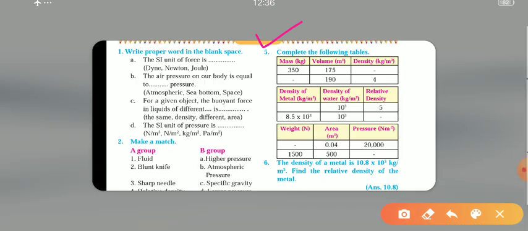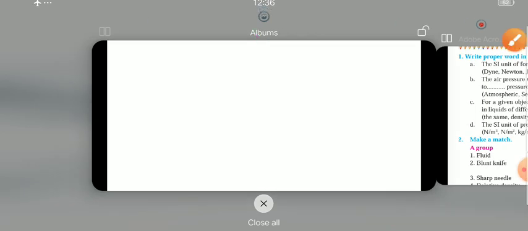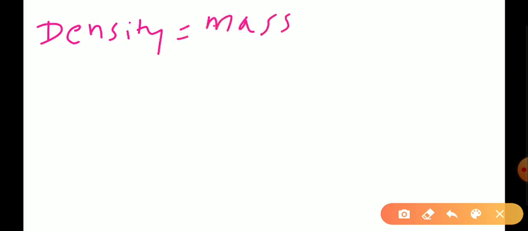So as we know, density is equal to mass upon volume. This formula only we have to use.